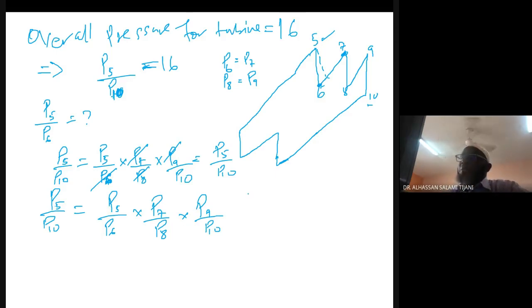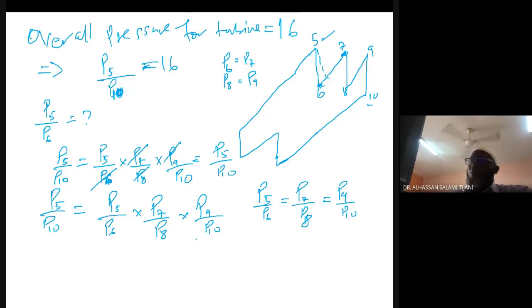So now, since these pressure ratios are the same, we assume that P5 over P6 is the same as P7 divided by P8, which is the same as P9 divided by P10.